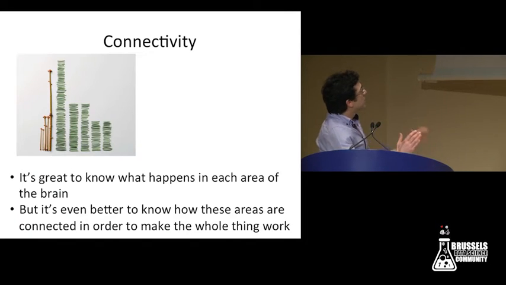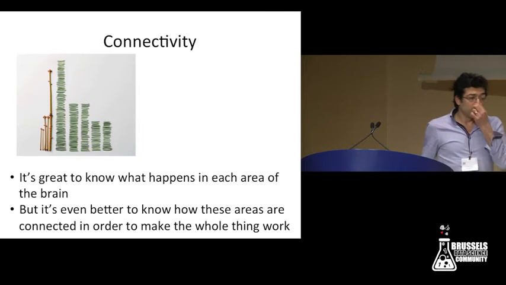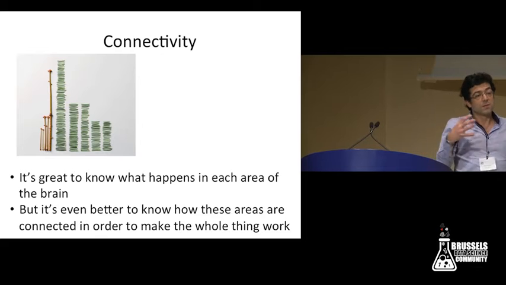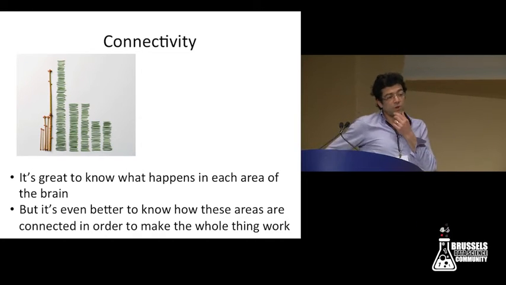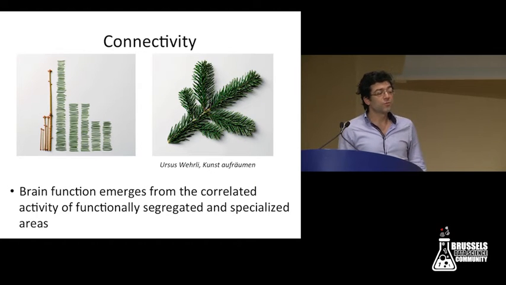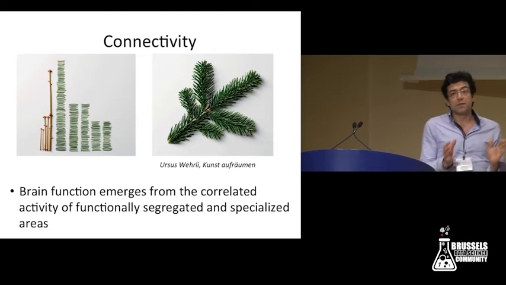Then it comes to connectivity, because it's great to know what happens in each area of the brain, but we actually need to know how things merge in order to make sense, to give rise to function in the brain. Indeed, brain function emerges from the correlated activity of areas which are functionally segregated and specialized.